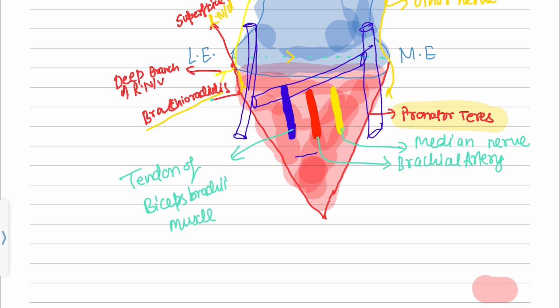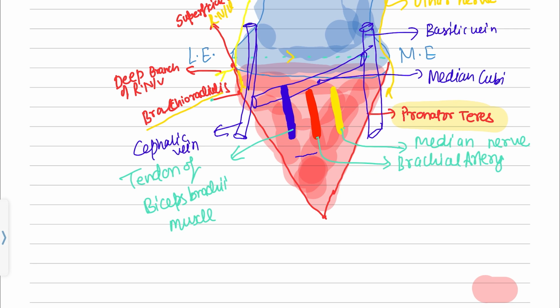That is the median cubital vein. So this is the middle side, the basilic vein, and this is the cephalic vein, and this is the median cubital vein.